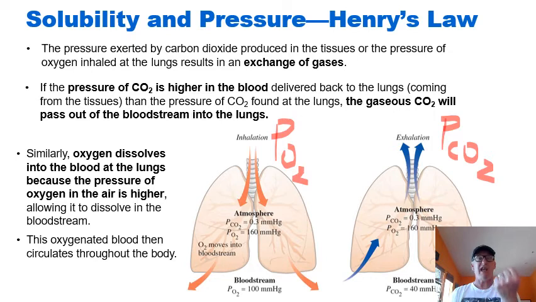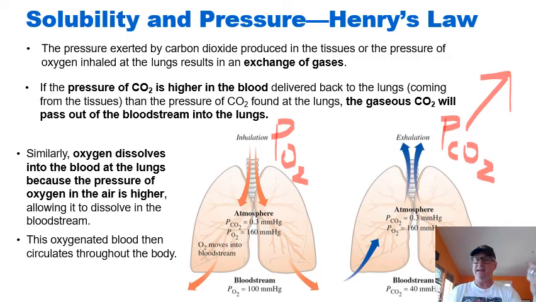Basically, they exchange oxygen for CO2. So on the way back out again, the CO2 pressure inside your blood is much, much higher than it is in the atmosphere. And when that happens, the CO2 goes out of the blood and into the atmosphere.